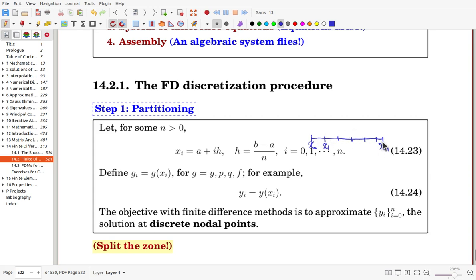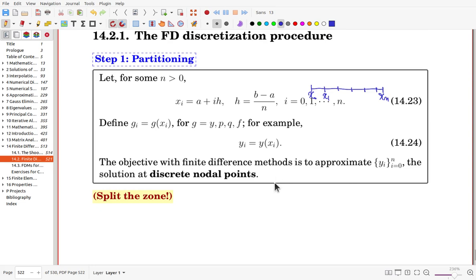So there are n subintervals, of the same length anyway. And for every function involved in the equation, now g_i is g at x_i. So for example, y_i indicates y at x_i. So that is now the partitioning, and this is the notation. And we say that these points are the nodal points.